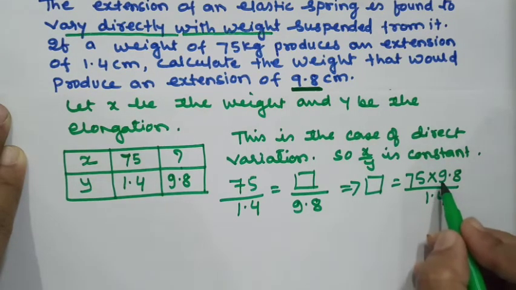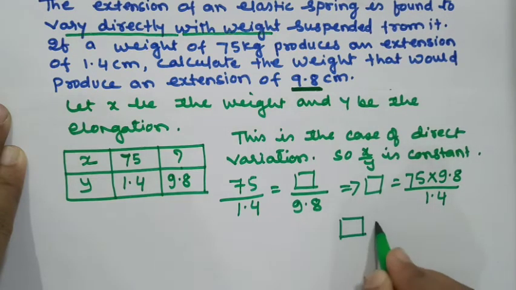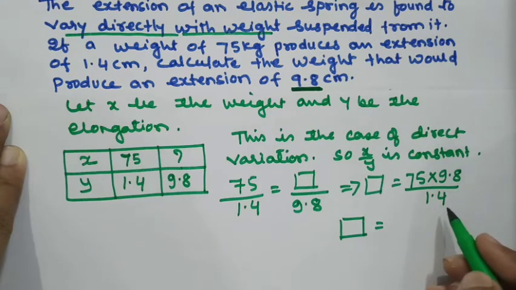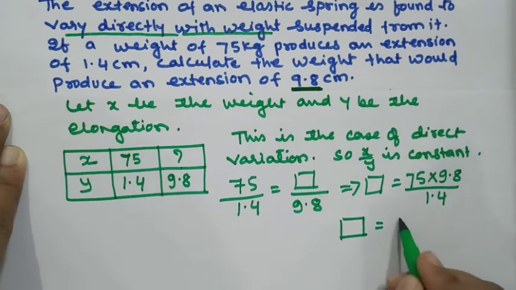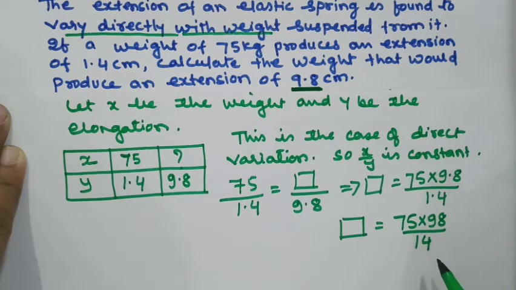Now look here, children, 9.8 and 1.4 are like decimals. So when you have like decimals in the numerator as well as in the denominator, you can cancel the decimal. So you will get 75 into 98 by 14. Now see here, is 14 6s are 98?